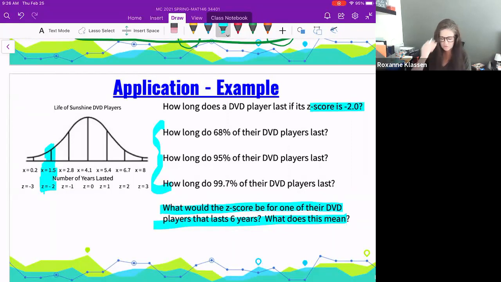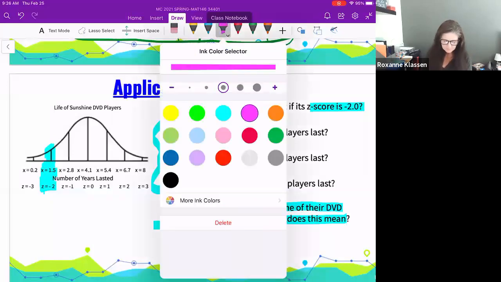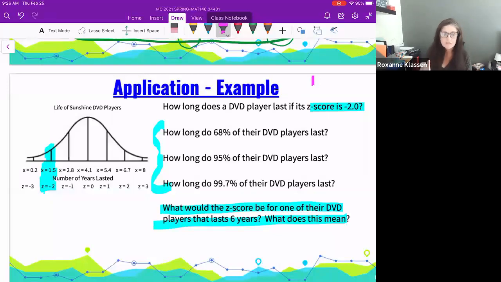All right, so let's talk through these. Let's make sense of what this is saying. Remember our 68% came from plus or minus 1 standard deviation, right? The empirical rule is plus or minus 1 standard deviation. So there's minus 1 standard deviation, there's plus 1 standard deviation. So what this is telling you is that 68% of the Sunshine DVD players last between 2.8 and 5.4 years.